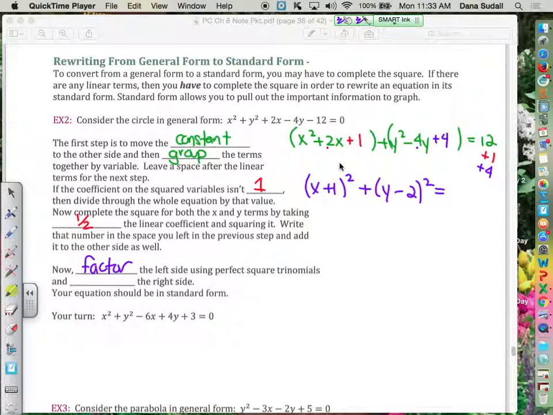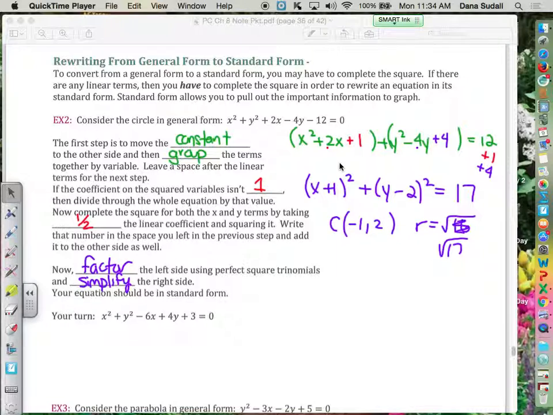So we get 17 for that side. And simplify the right side. Your equation should be in standard form. And it is. So we can find the center, which would be at -1, +2. The radius would be the square root of 17, which is just a little bit bigger than 4. I started writing square root of 16 because that's what it's closest to.